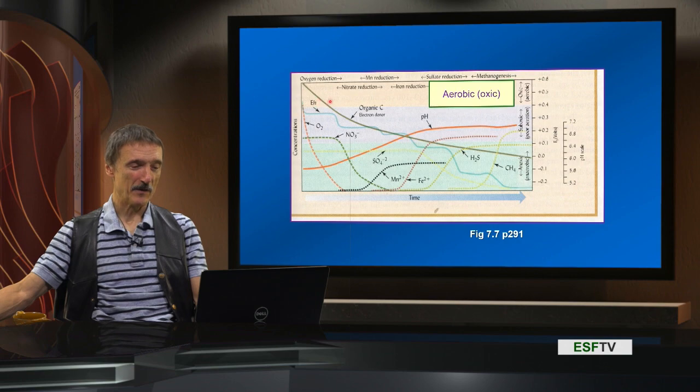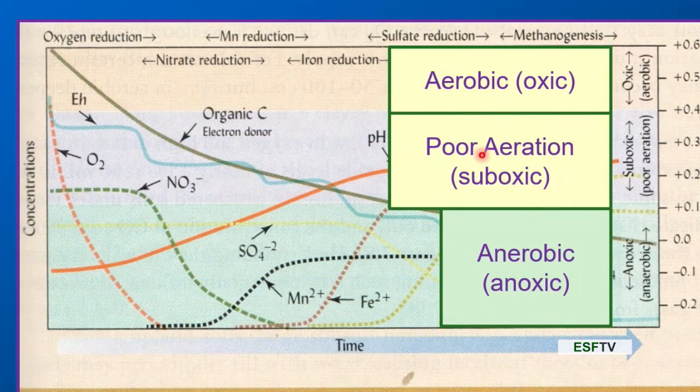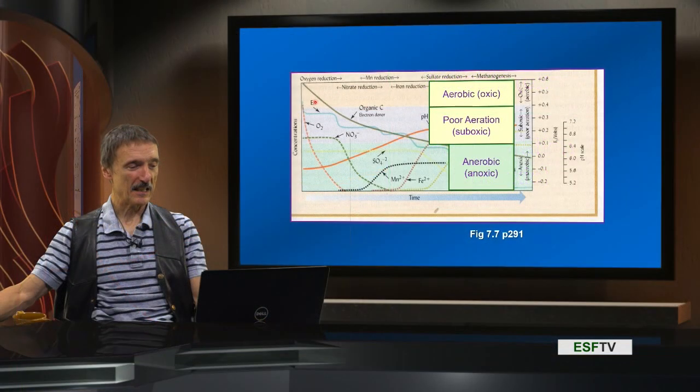We start removing dissolved oxygen. We get to anaerobic and anoxic down here at the very bottom, and then poor aeration, suboxic. So here's a picture of these three terms: aerobic, poor aeration, suboxic, and anoxic, very anaerobic. EH decreasing precipitously, getting smaller and smaller.